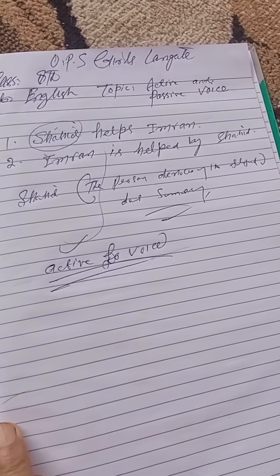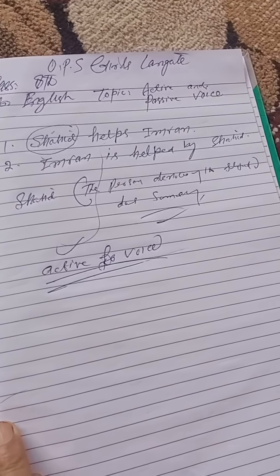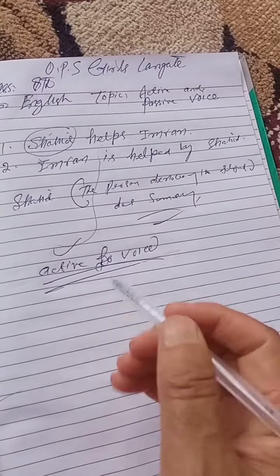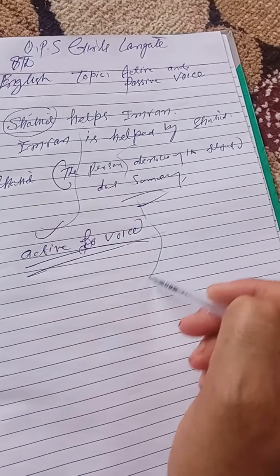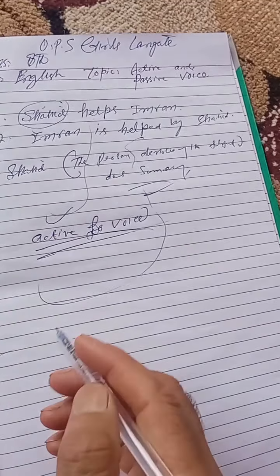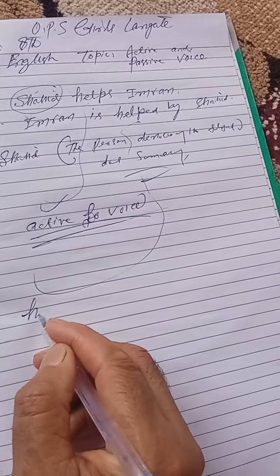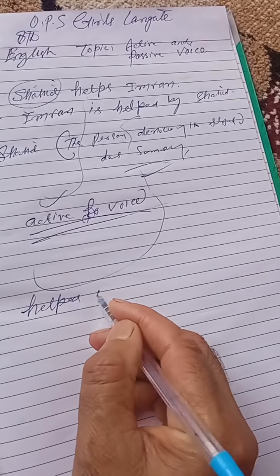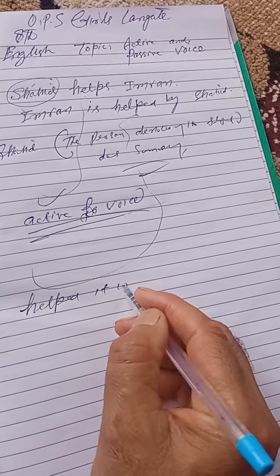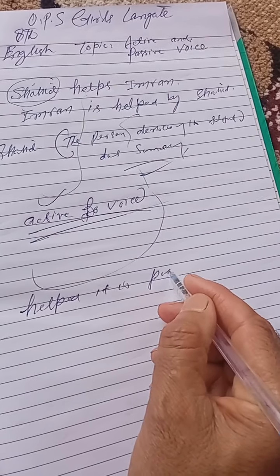The verb is helped is in the passive form.